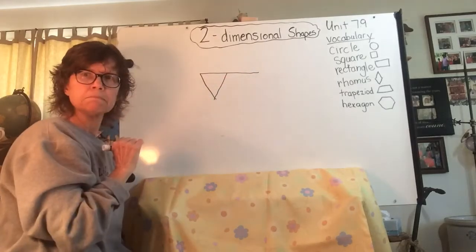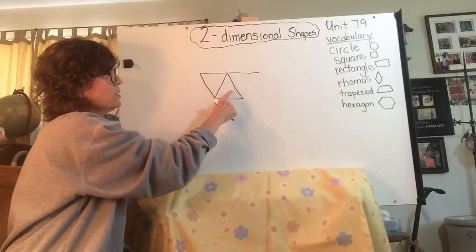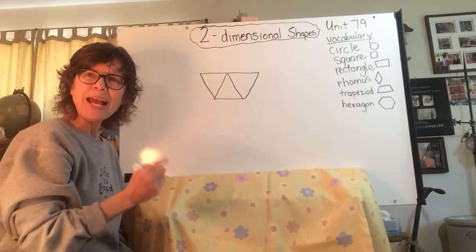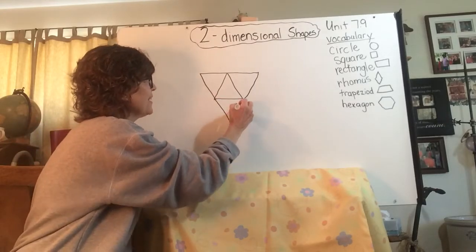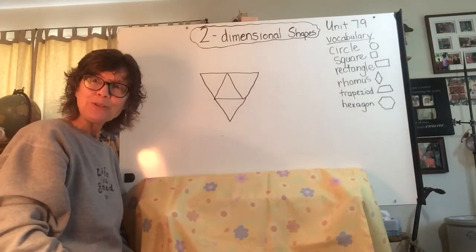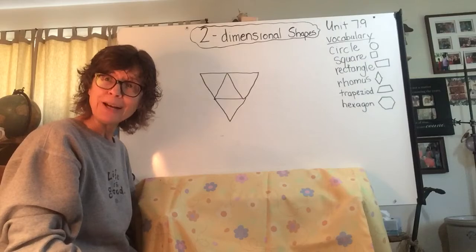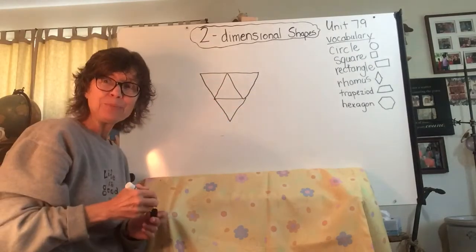There's one. One, two. Oh, look at that. Three triangles. We need one more to make a big triangle. Watch. So we used 4 little triangles to make one big triangle. 1, 2, 3, 4. That's pretty awesome.